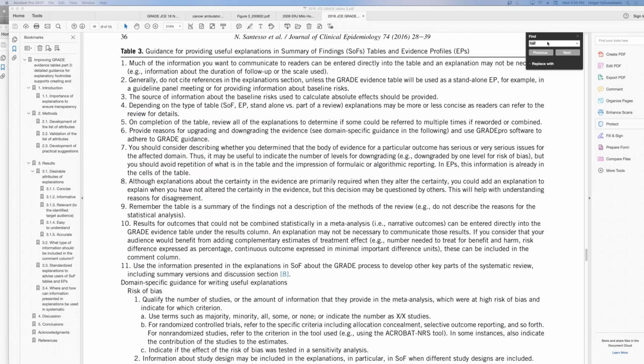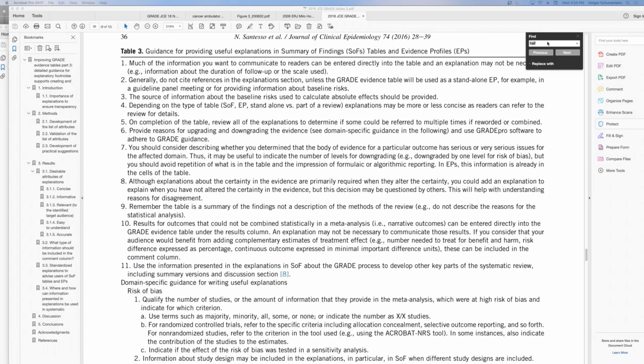And if I understand the question correctly, if you had, for instance, concerns about indirectness of the outcome because of shorter follow-up than you would have liked to see for a particular outcome, and if there are other issues with regards to RCTs, then by all means, we do ask to supplement the summary of findings table, or even to replace an outcome in a summary of findings table with data from observational studies or non-randomized studies.